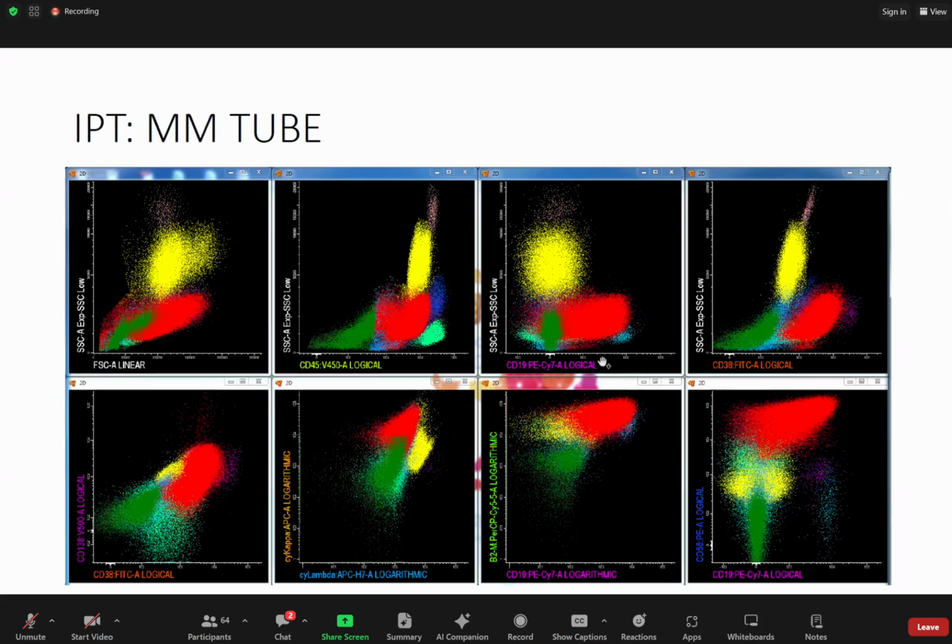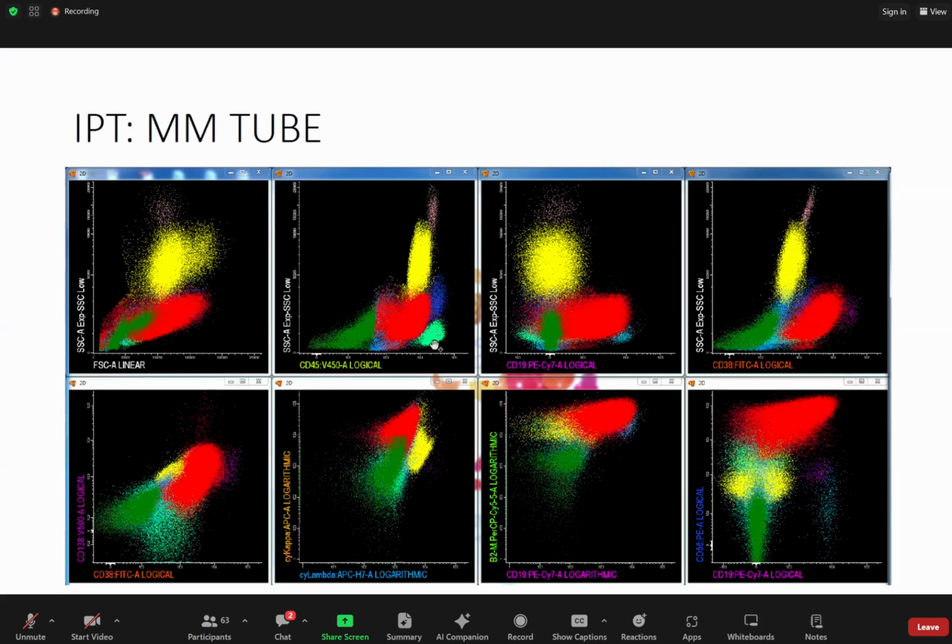The problem with this is it expresses CD19. Usually for multiple myeloma, the CD19 will be negative. But in this case, it is CD19 dim, but it lacks CD45, meaning it is not a mature component. What I mean is, if you suspect B cell lymphoma, the CD45 should be in the lymphocyte window.